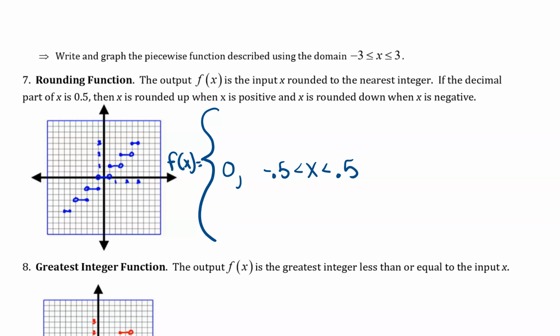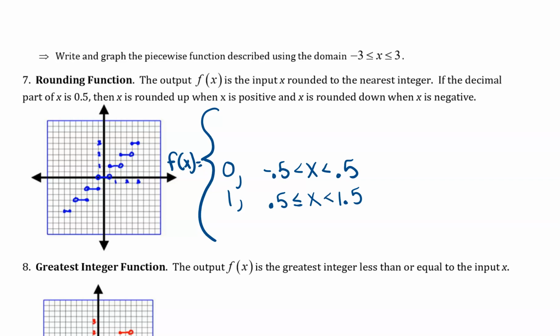You would round to 1 if you had anything between 0.5, including 0.5, and 1.5, but 1.5 wouldn't round to 1, 1.5 would round up, so we don't actually include 1.5.